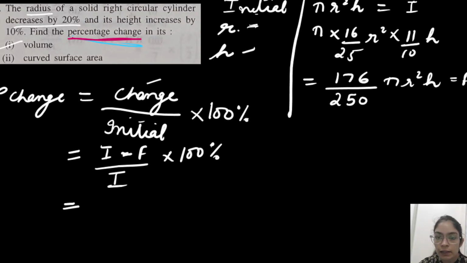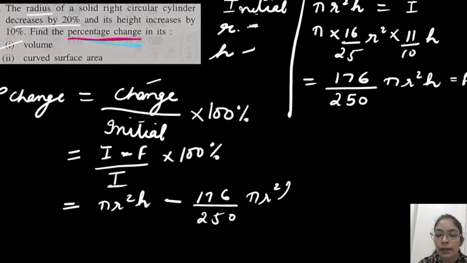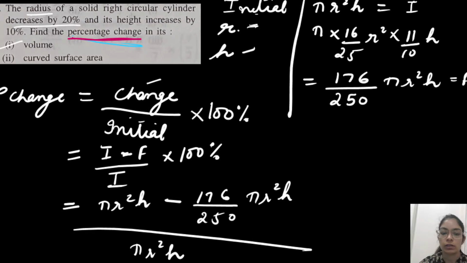So initial value is pi r square h. So here I am writing pi r square h minus final value, 176 by 250 into pi r square h, by pi r square h. So here we can take pi r square h common.